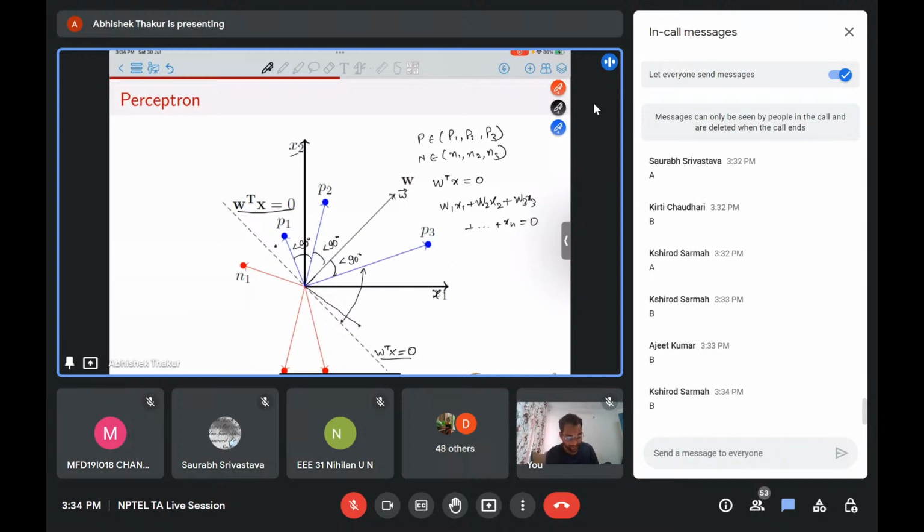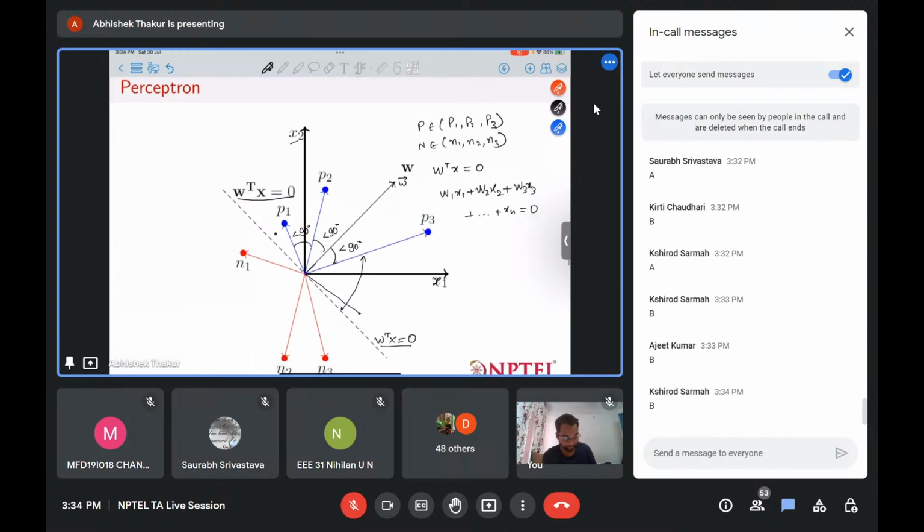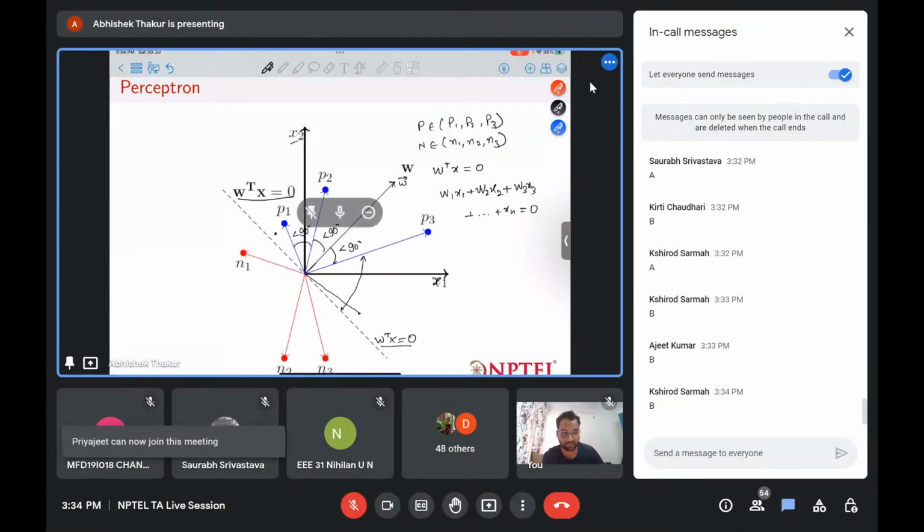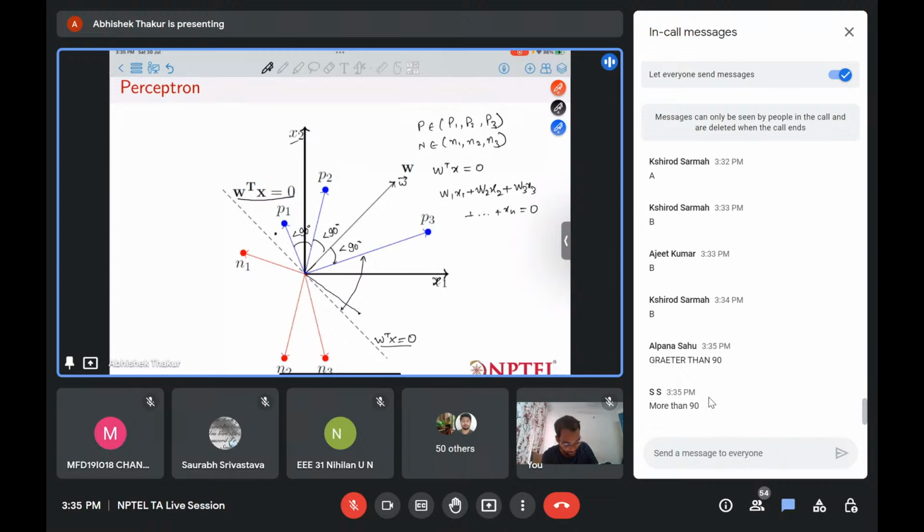And for negative points in the data set, what will be the angle between the W vector that is normal to our decision line and the negative points? Can anyone tell in the chat box? Yes, that will be greater than 90 degrees, because from here to here is 90 degrees.